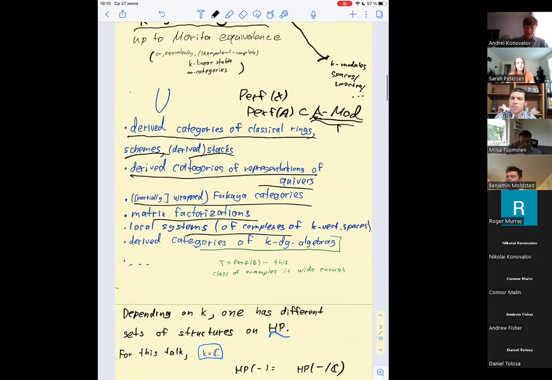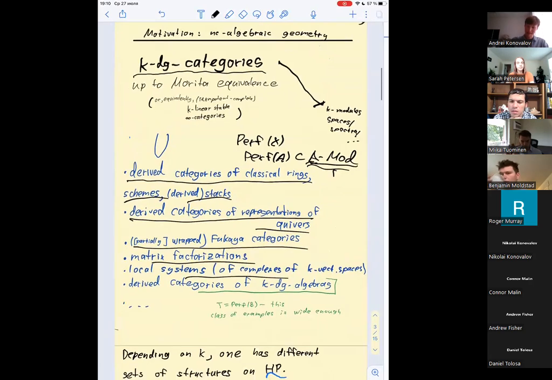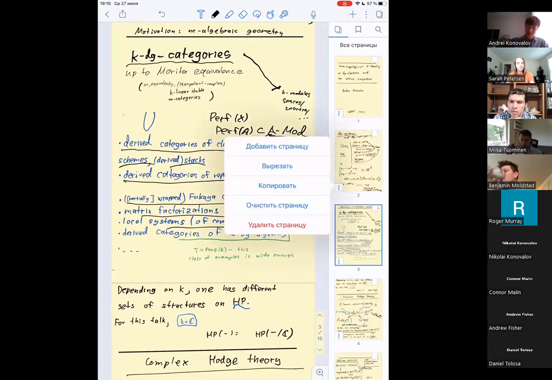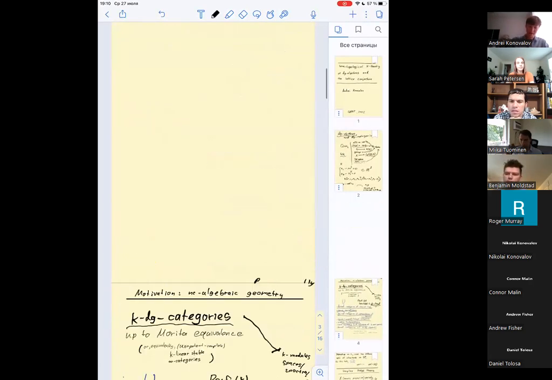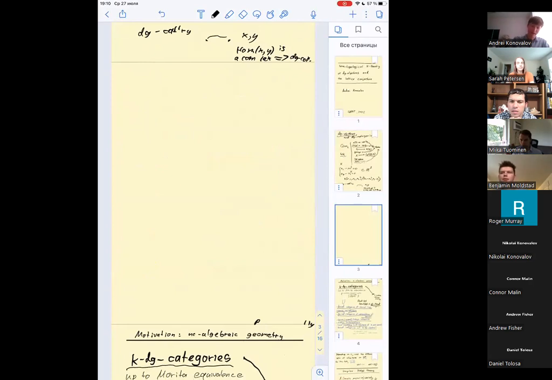For example, there is this nice example that I really love, though it's a little bit stupid, but simple. One can consider the dg-algebra k[x, x^-1], or the corresponding dg category Perf of k[x, x^-1], just the algebra of Laurent polynomials.